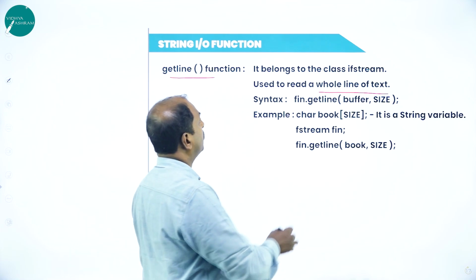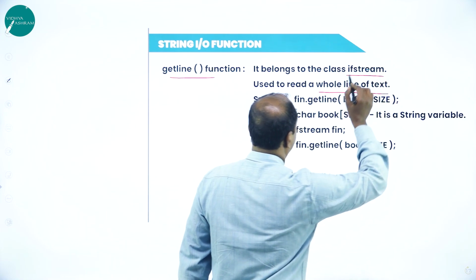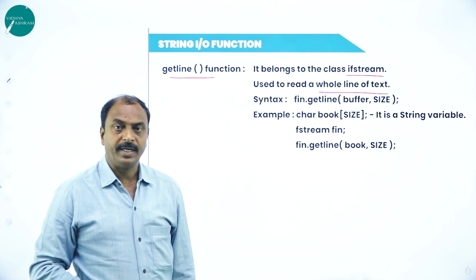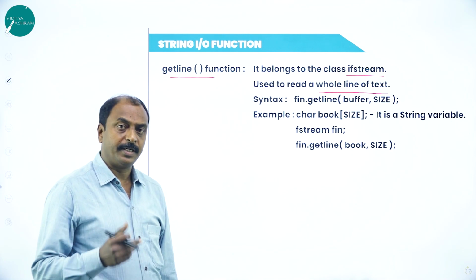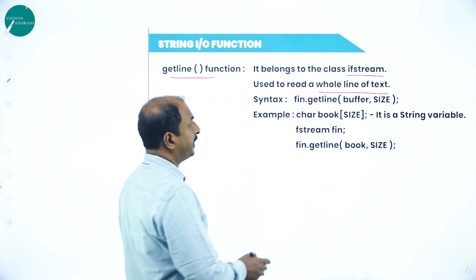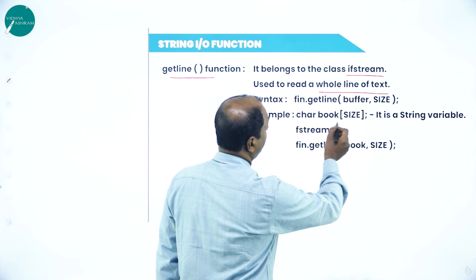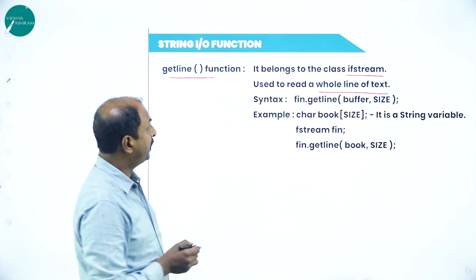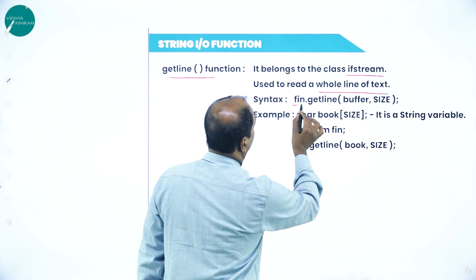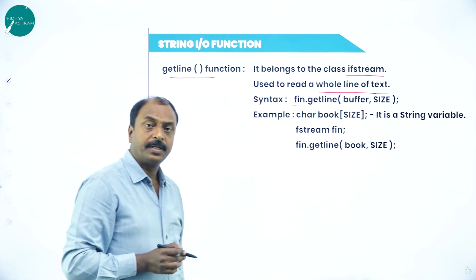It belongs to the class ifstream. Whenever there is a read operation, it belongs to the class ifstream, that is nothing but input operation. So syntax is fin.getLine and here buffer comma size semicolon, and here fin is an object of a respective class.